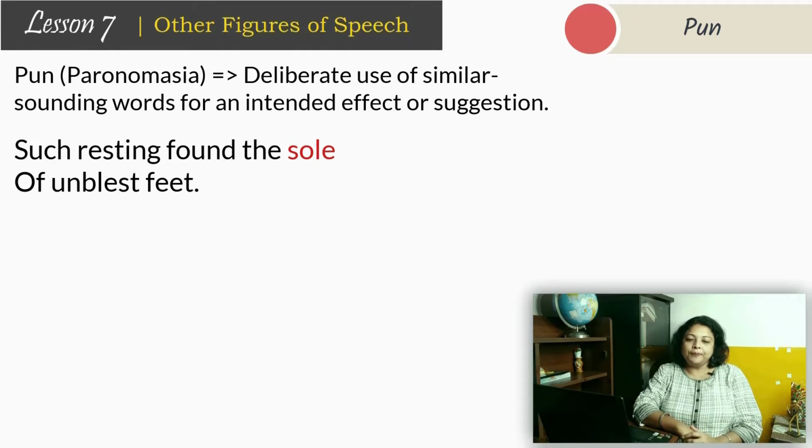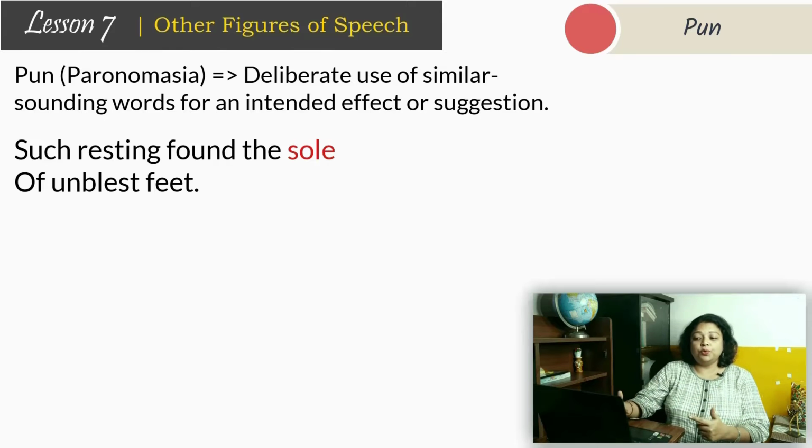But because there is this word unblessed right after this, we automatically associate the word sole with the word soul, which means your soul. And this is a very subtle use of pun playing on this word sole. Alright? So these are the ways in which writers can use pun.